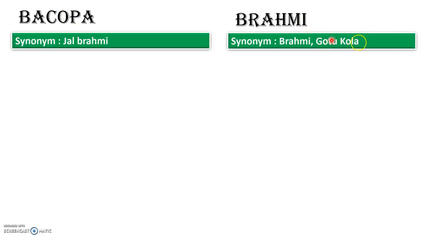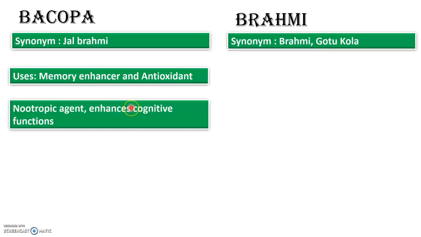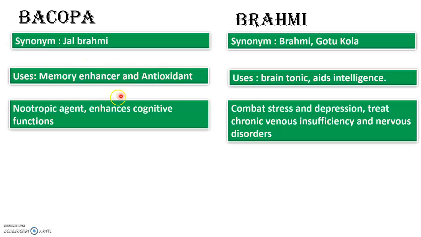This is because both Bacopa and Brahmi are called as Brahmi. The synonym for Bacopa is jal Brahmi, whereas Brahmi is called simply Brahmi or gotu kola. Another reason is they both have the memory enhancing property.